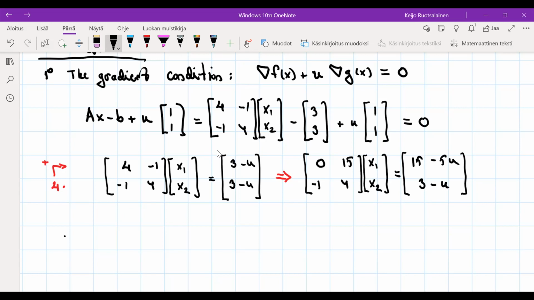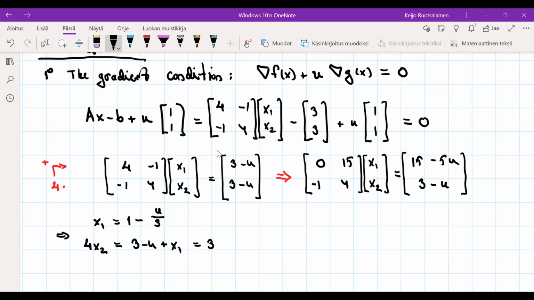And here we can solve first: x1 is 1 minus u divided by 3. And for the second coordinate, we have 4 times x2 equals 3 minus u plus x1.